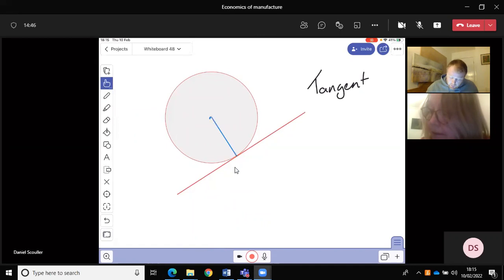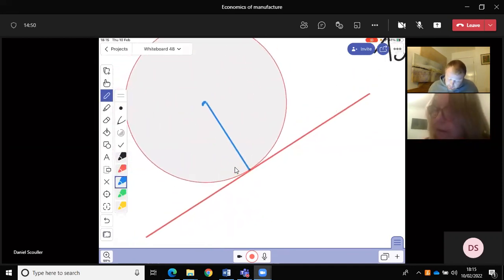What that does, where it intersects the tangent, is going to create two right angles, one on the left hand side of the line and one on the right hand side of the line. So that line comes from the centre of the circle straight to intersect the tangent at 90 degrees. The length of that line will be the radius.